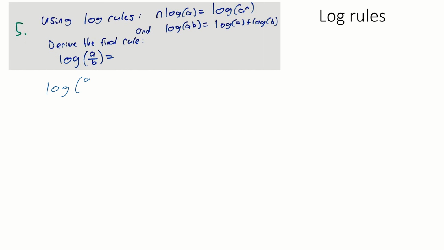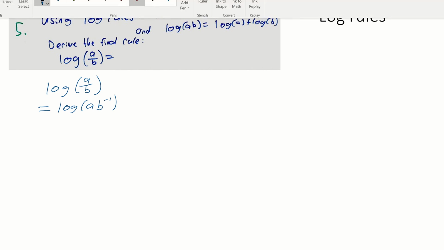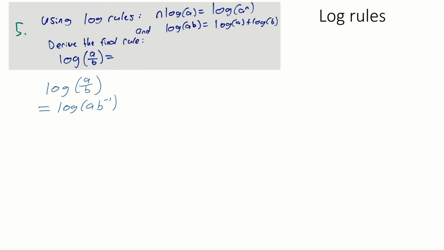So log of a divided by b. Now you know from your negative indices that this can be rewritten as a times b to the power of negative 1. Okay, what should we do next? Let's label our log rules. We'll call this log rule 1 and that log rule 2.